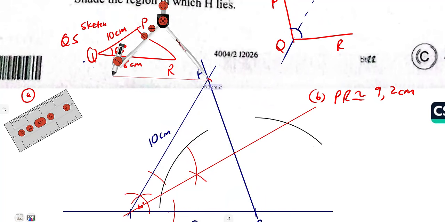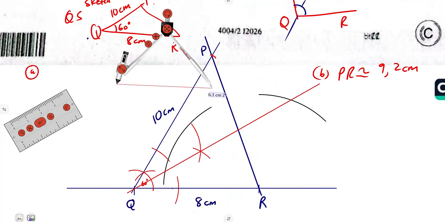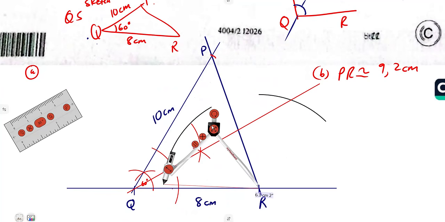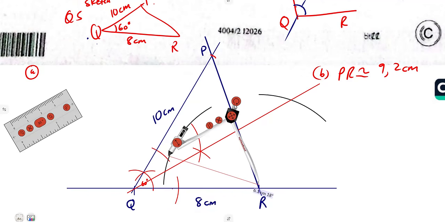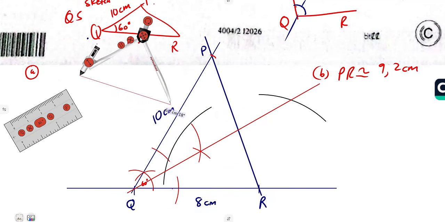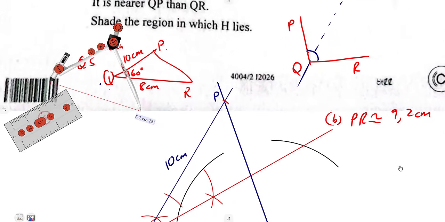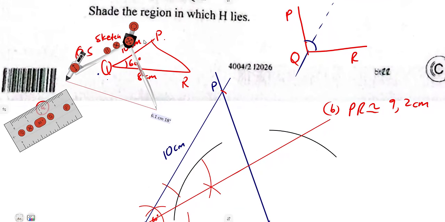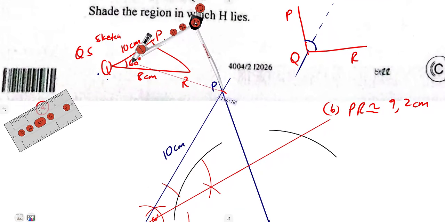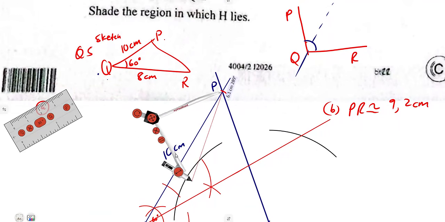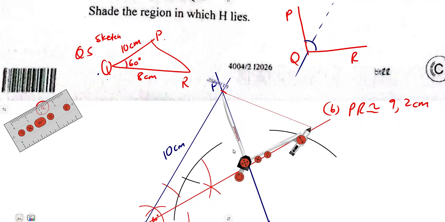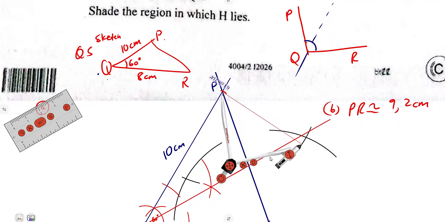I'm gonna get it very soon. This was it, right? So without changing, do not change that distance. From this point P, we're gonna mark an arc, then on this other side, mark an arc.